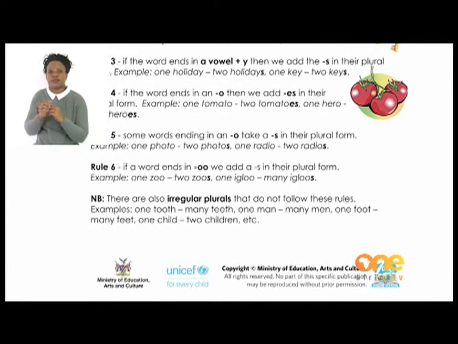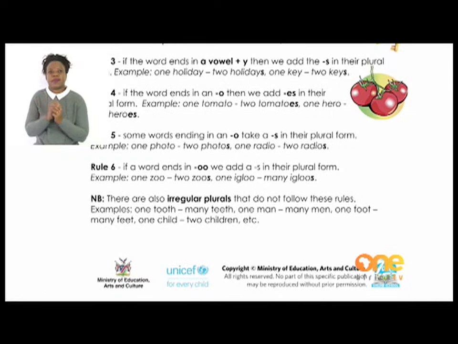Let's look at the examples. Holiday ends with A plus a Y. So there, we just add an S. One key, two keys. We are just adding an S.